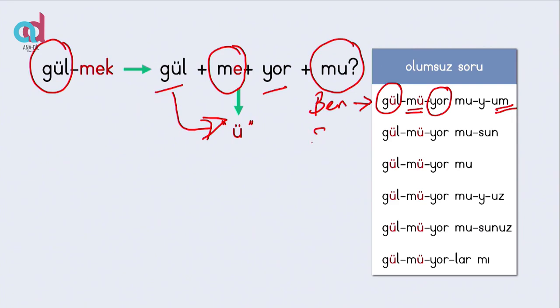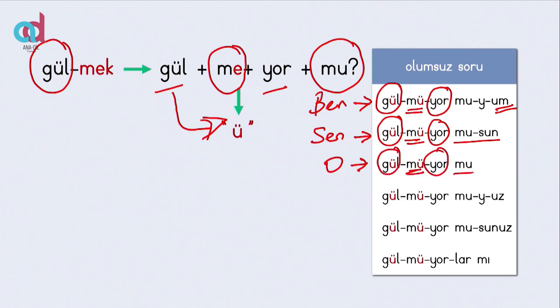Sen gülmüyor musun? O gülmüyor mu? Excuse me. This one is biz. Biz gülmüyor muyuz?